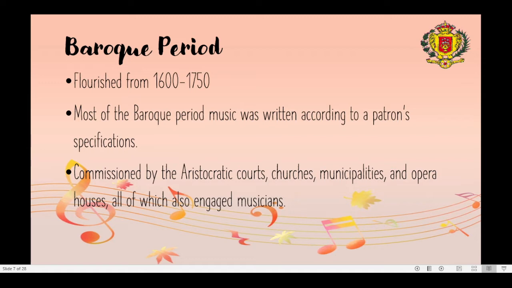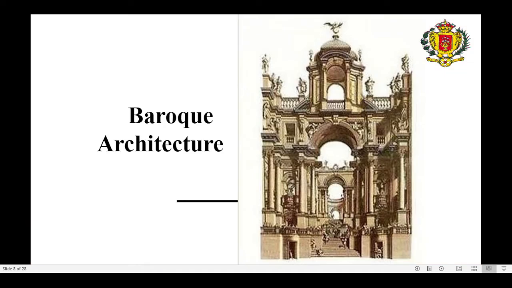Okay, so most of the Baroque period music was commissioned by the aristocratic courts, churches, municipalities, and opera houses, all of which also engage musicians. Okay, so that is the Baroque period. You can see the different architectures as well. I just put it for you to imagine the Baroque era.